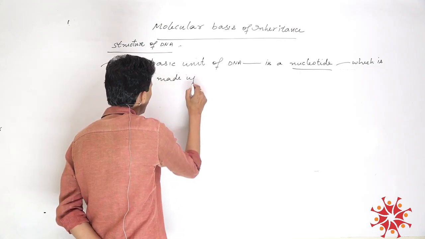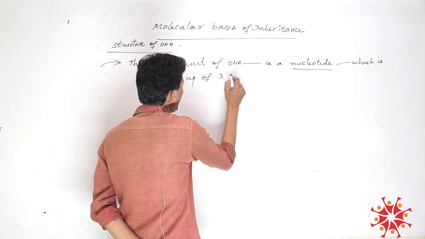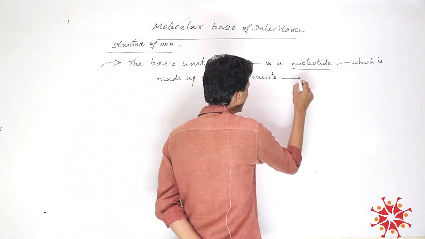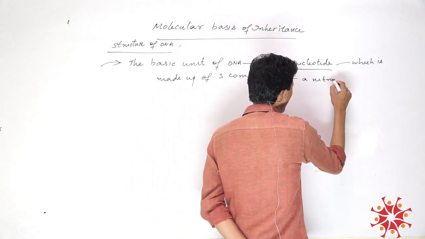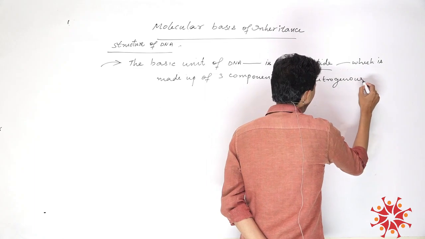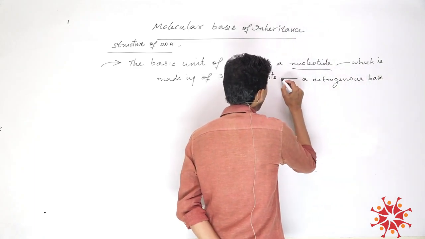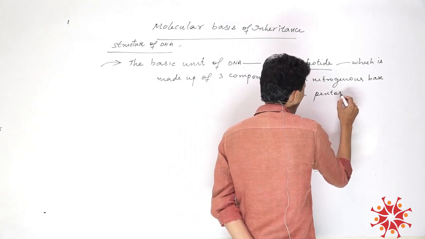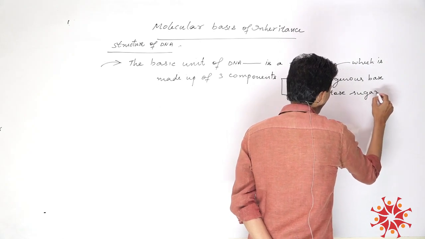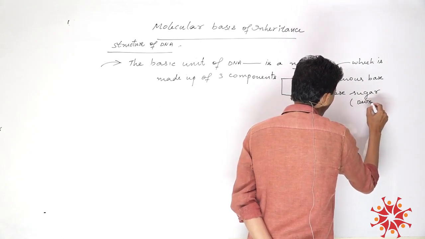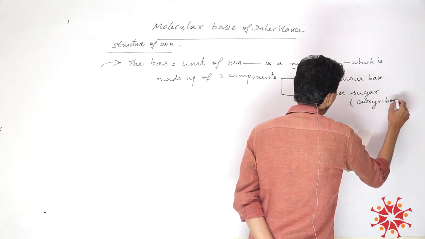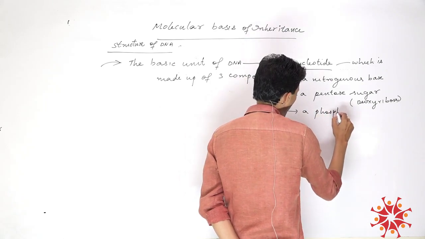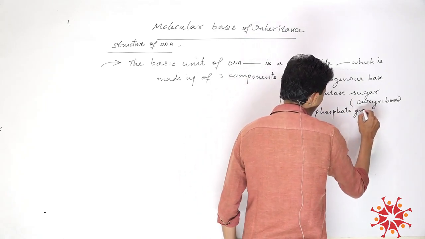And this nucleotide is made up of 3 components. And what are those 3 components? A nitrogenous base, a pentose sugar, and in case of DNA it will be deoxyribose, and a phosphate group, right?